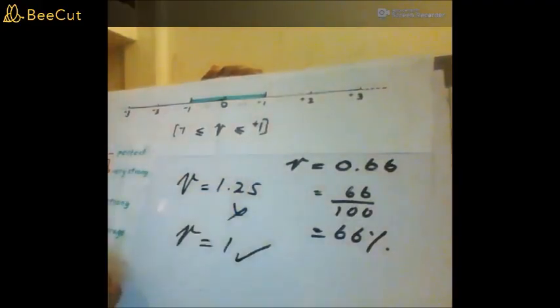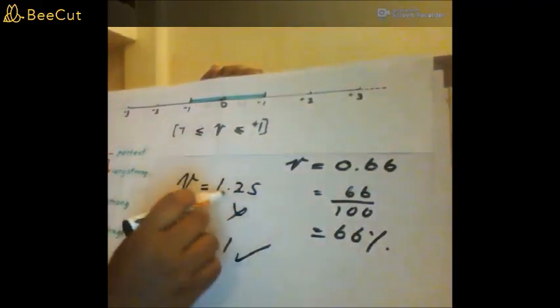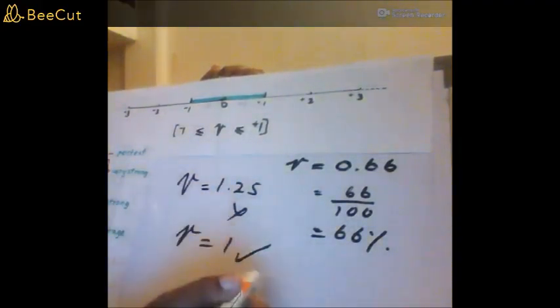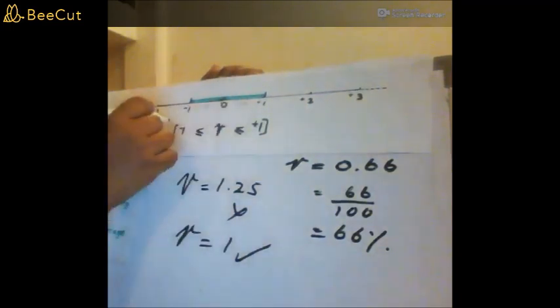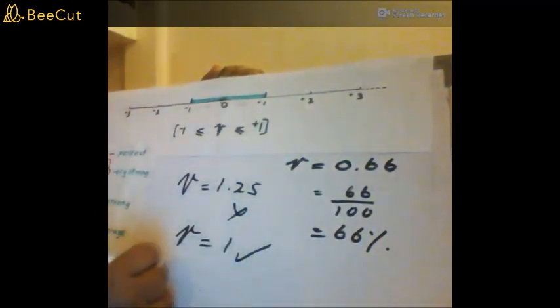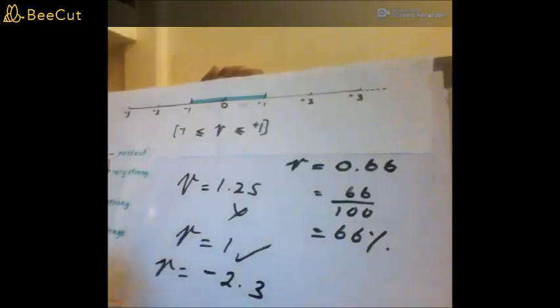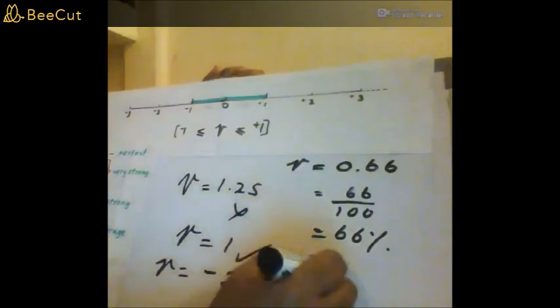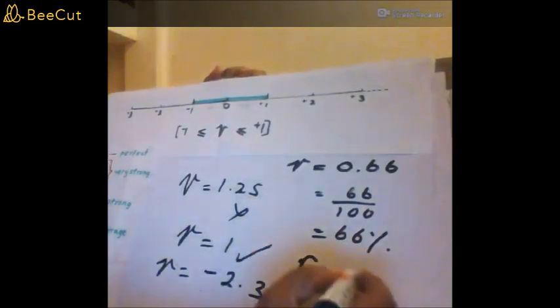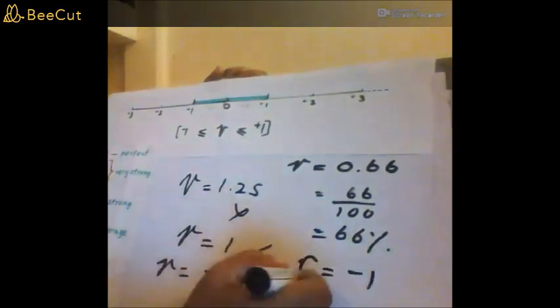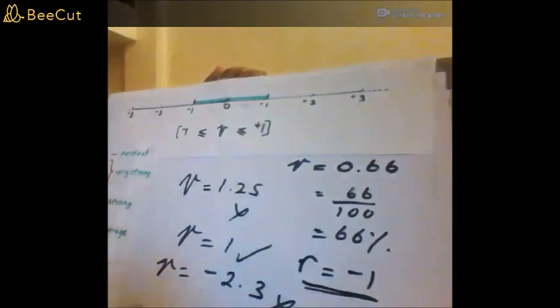That of course you can have, but you can't have more than 1, right? It goes for this side also. You can't have rho equals minus 2.3. No, you can't have like that. But you can have rho equals minus 1. That's the maximum, right?